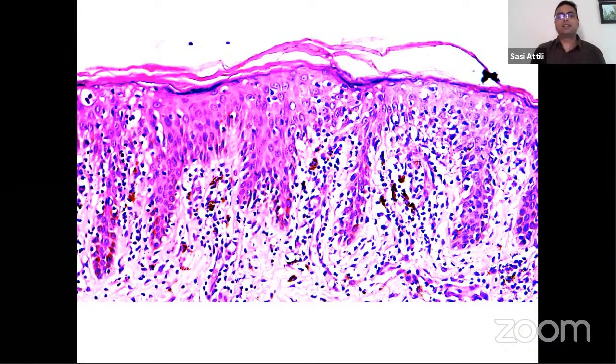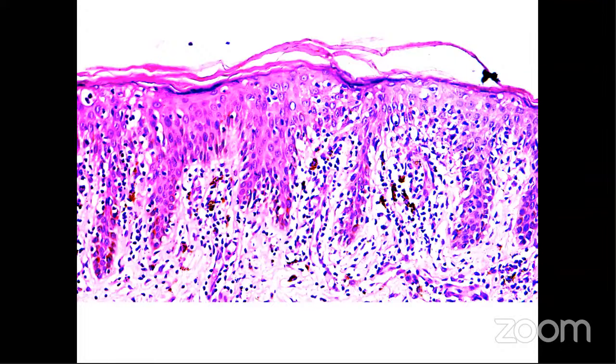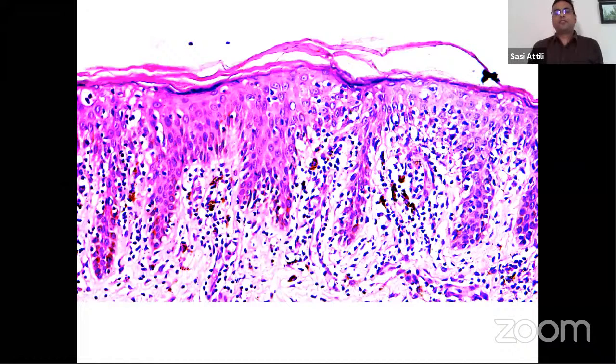This is a classical textbook picture. I don't even need to describe it. Can anybody give out the diagnosis without me giving you any history or any other description? Dr. Venkat, has anybody typed the answer? Not yet, sir. Okay, give about 5 seconds more.